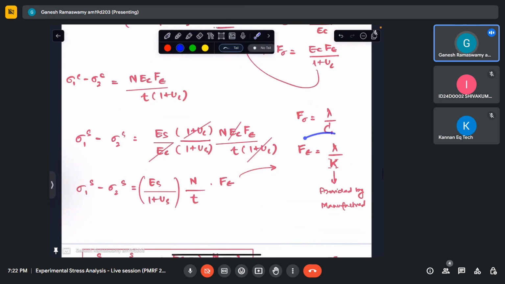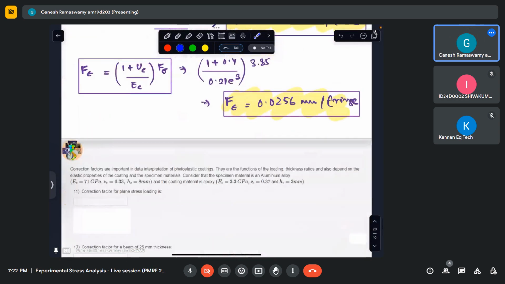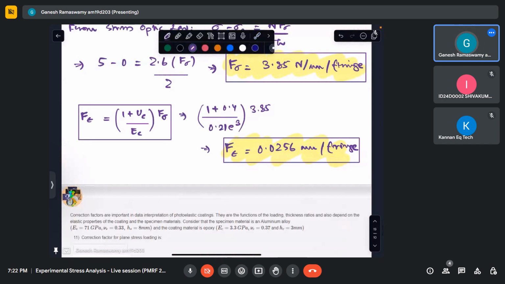So lambda is 577 nanometers. So this is in meters, and then I'll convert that to mm, divided by 0.0256, into 10 power minus 9 to 10 power 3.